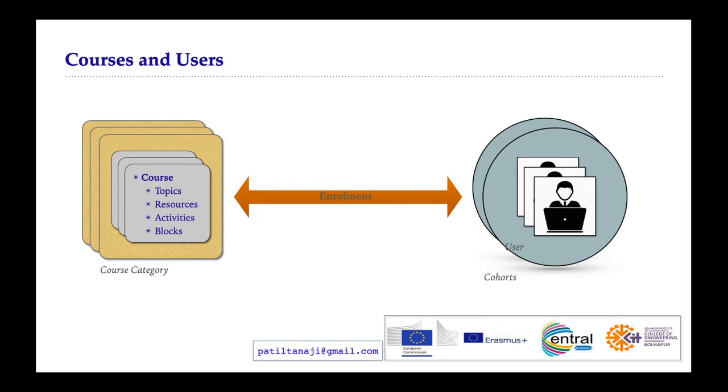So this is the linkage between the users and courses. Before this, courses are separate, users are separate. Now we need to create a link between the course and the user, and that is possible through enrollment. This enrollment can be done by an administrator, course creator, manager, and even teachers can do that.